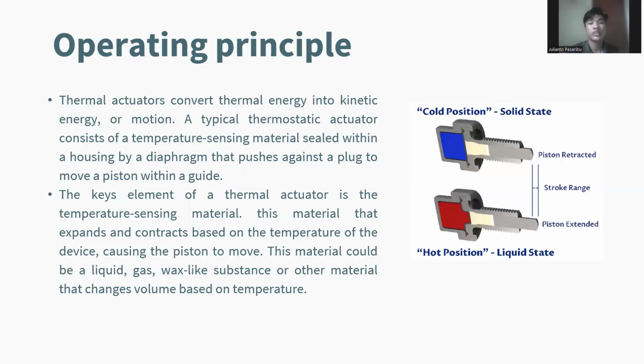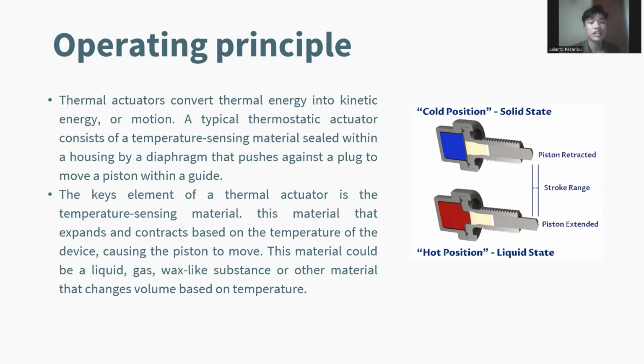In this slide, we can see the operating principle. Number one, thermal actuators convert thermal energy into kinetic energy or motion. A typical thermostatic actuator consists of a temperature sensing material sealed within a housing by the diaphragm that pushes against a fluid to move a piston within a coil. Number two, the core element of a thermal actuator is the temperature sensing material.